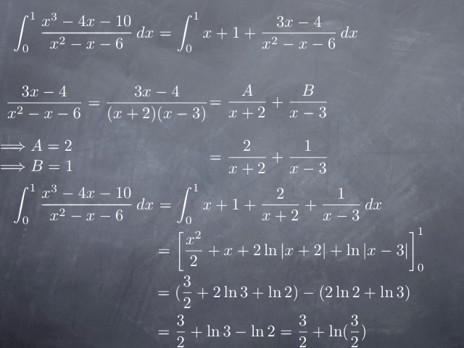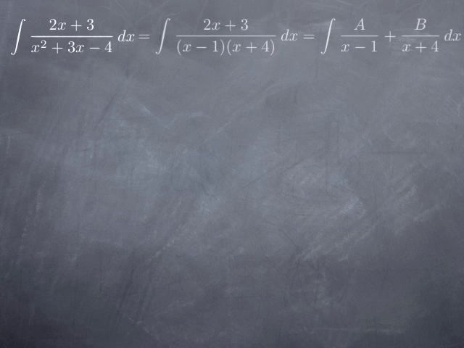When we plug 1 in this function, we get 3/2 plus 2 ln of 3 plus ln of 2. When we plug 0, we get 2 ln of 2 plus ln of 3. Simplifying, we obtain 3/2 plus ln of 3 minus ln of 2, which simplifies further as 3/2 plus ln of 3/2.